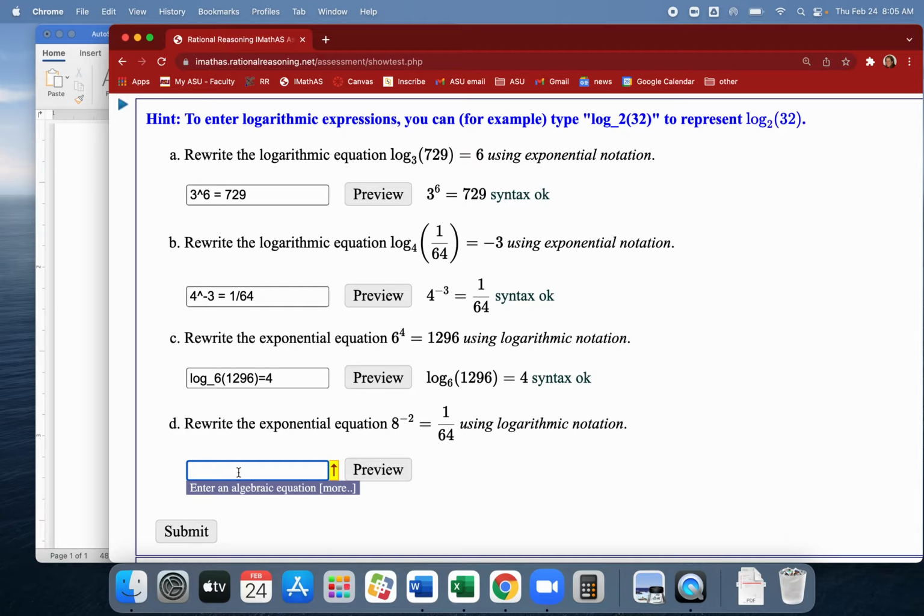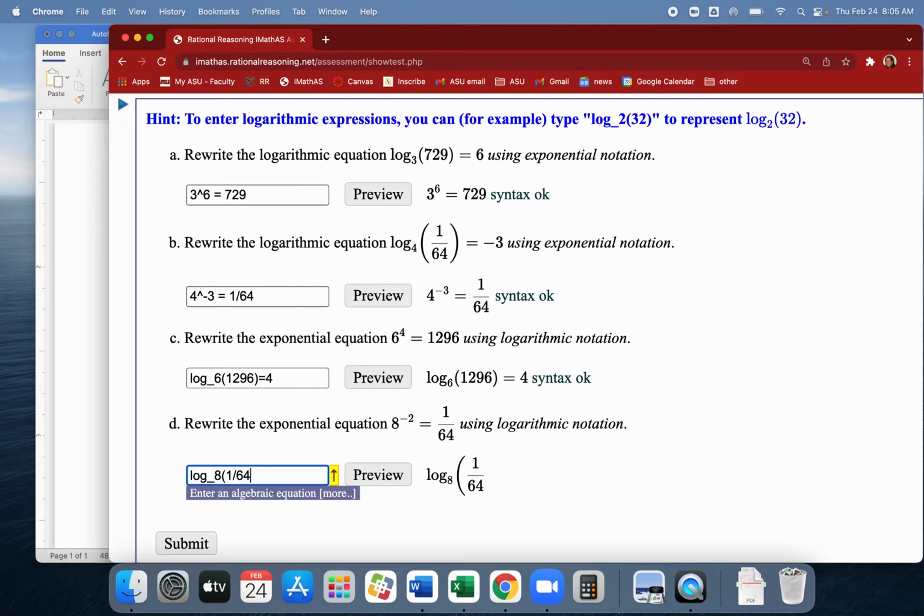And the last one here should be log base 8 of 1/64th. To turn an 8 into a 1/64th using exponents, my exponent would have to be -2. Oop, I missed the equal sign. There we go.